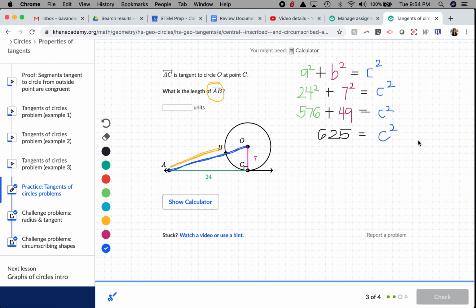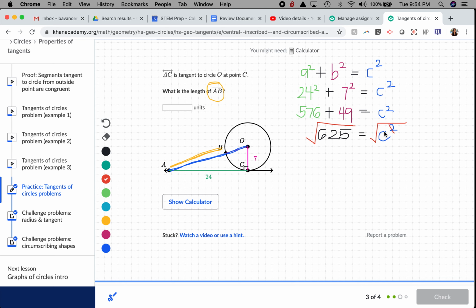Now the last thing we have to do is get rid of this exponent of 2. Some students might say that we should divide by 2, but the only way to get rid of a power of 2 is to take its square root. The opposite operation of raising to the power of 2 is taking its root.